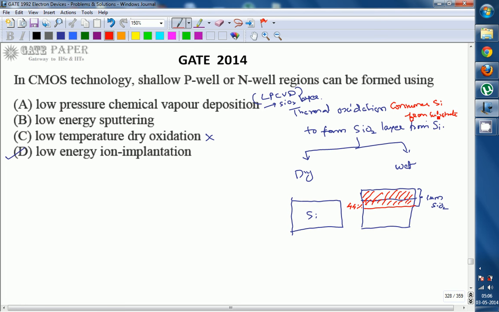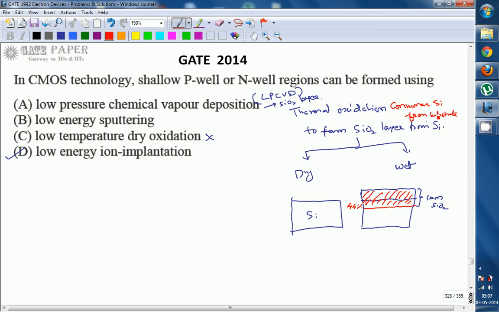So where will it generally be used? It is used when a complex device structure is being built up. As the technology advances and complex device structures are built up, the silicon substrate may not be available for reaction. That is at higher levels; the silicon substrate is the basic layer, and above it we get many layers.